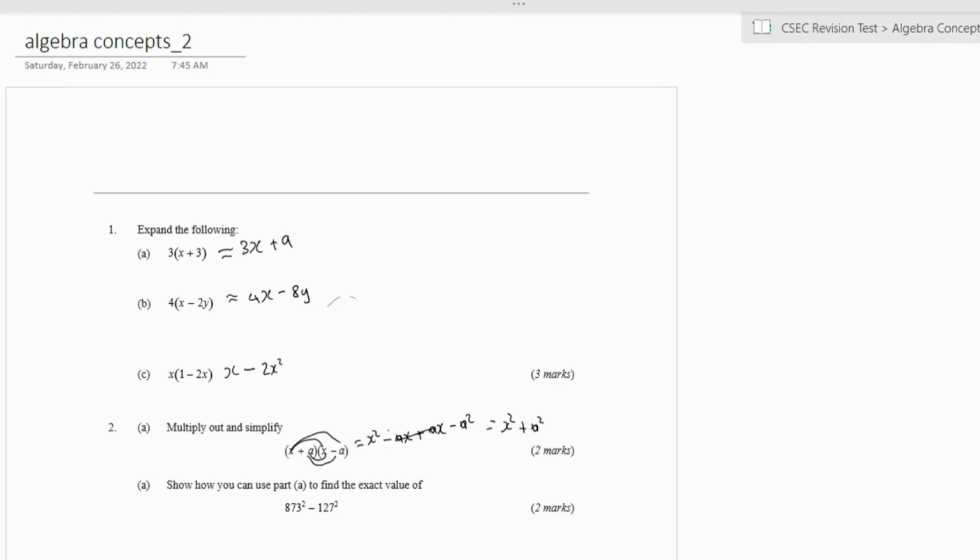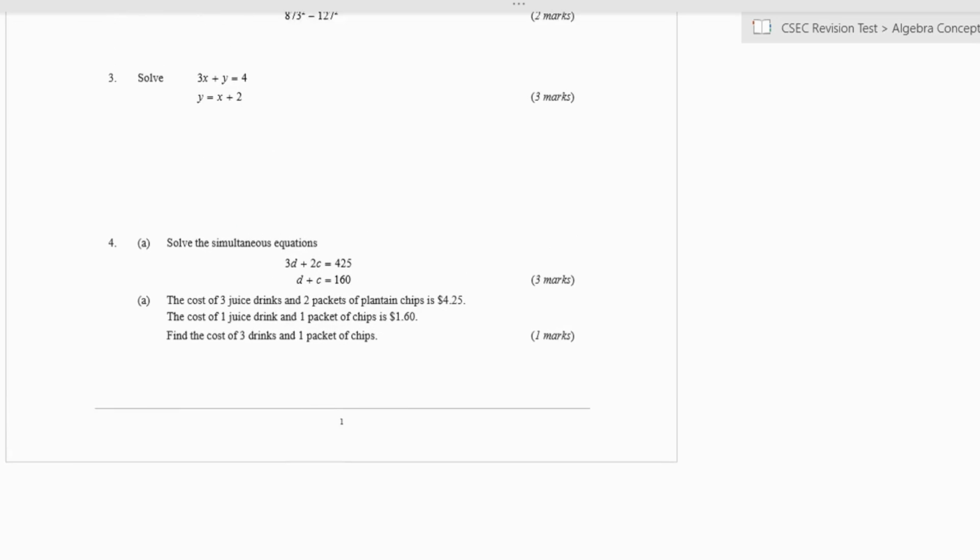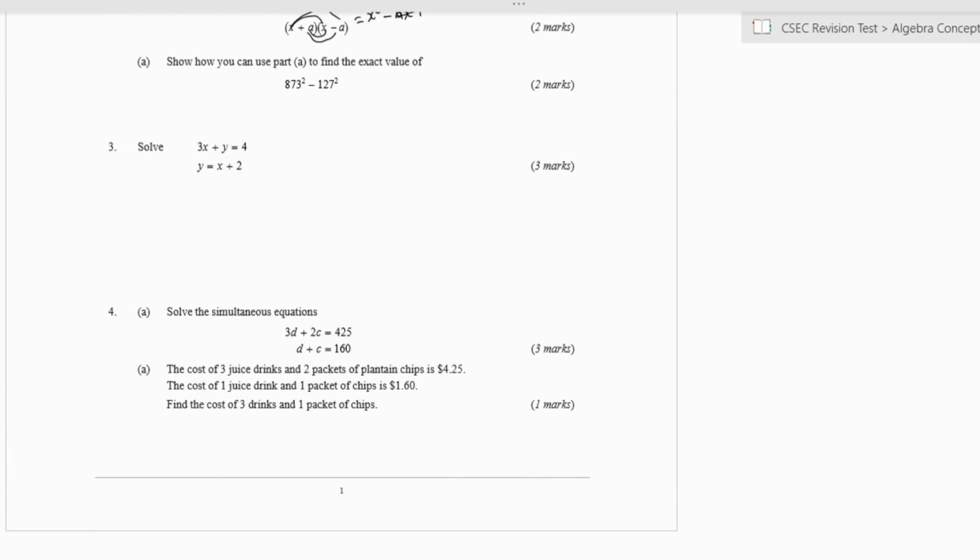Alright, let's now look at our next question. It says 873 squared minus 127 squared.